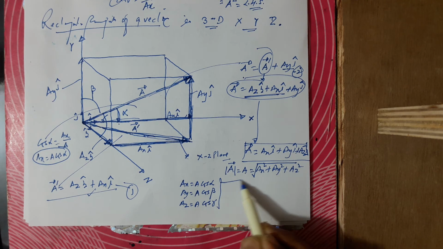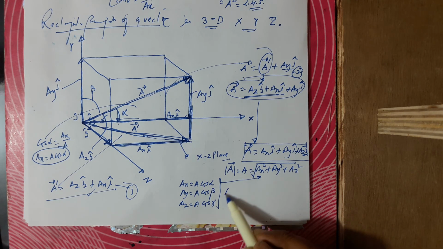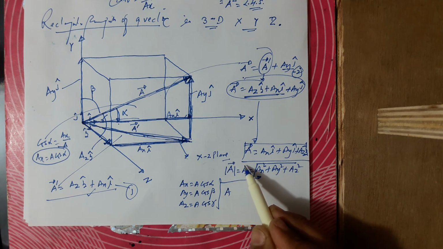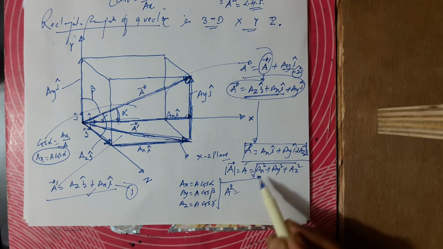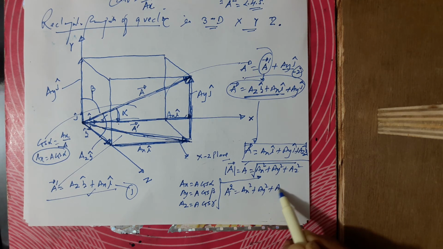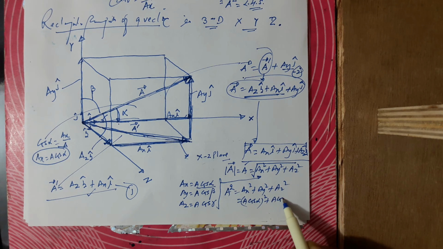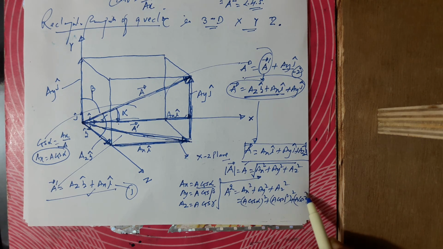If you put all here, what you have, if you square this equation, you have along this side ax square plus ay square plus az square is equal to, ax square means A cos alpha square, A cos beta square and A cos gamma square.